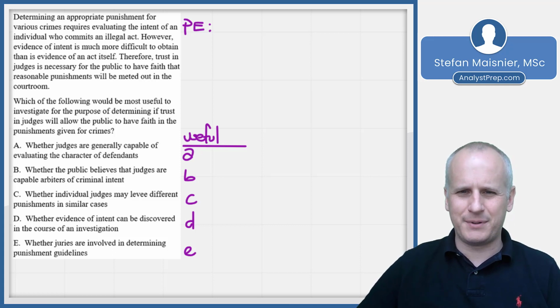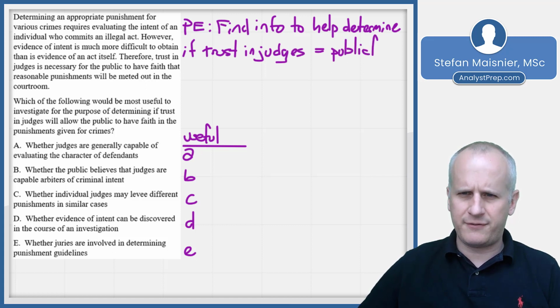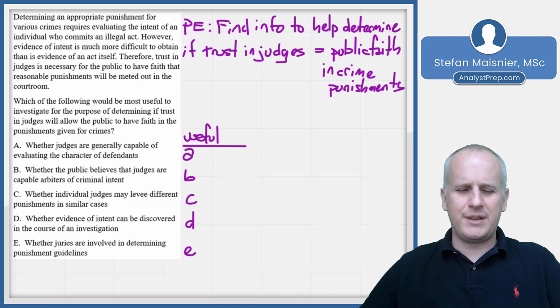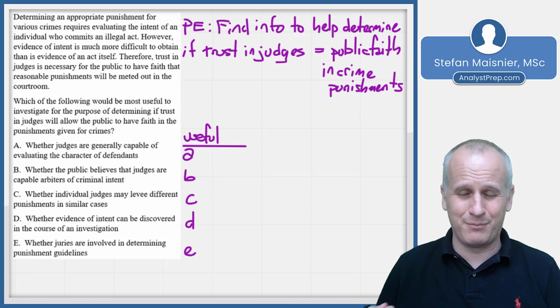So my predicted explanation is just find info to help determine if trust in judges equals public faith in crime punishments. And of course, we have to read the paragraph in full to understand what's happening, but I can pretty much get my prediction even before I go to that paragraph.